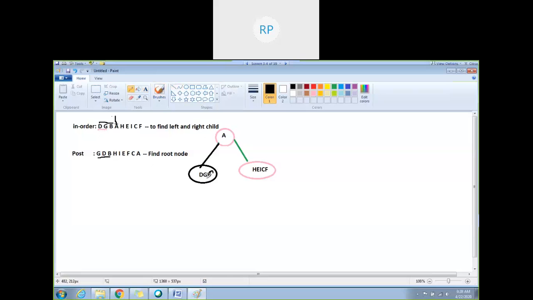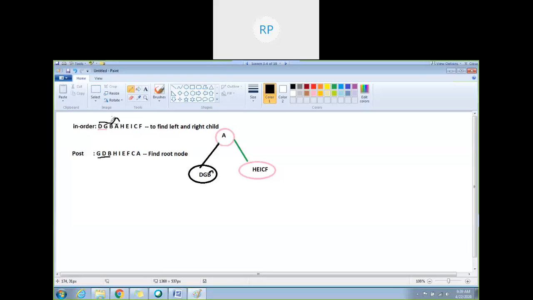And whether D can be left or G can be right, I can check only from in order. Correct. So I'm checking these three elements D, G, B. Since I have chosen B as my root node from postfix, only D and G are pending. All left subtree elements come on the left side, and all right subtree elements come on the right side.